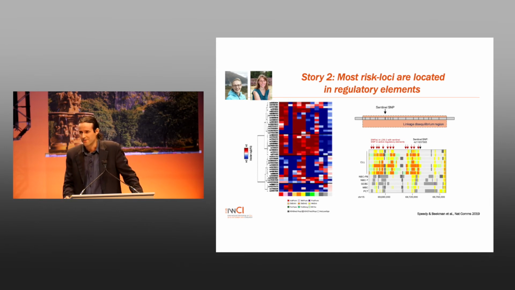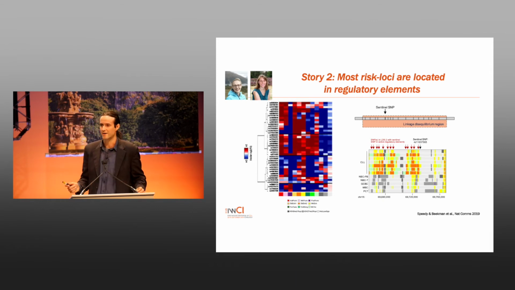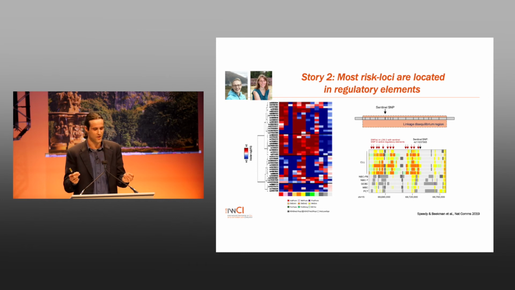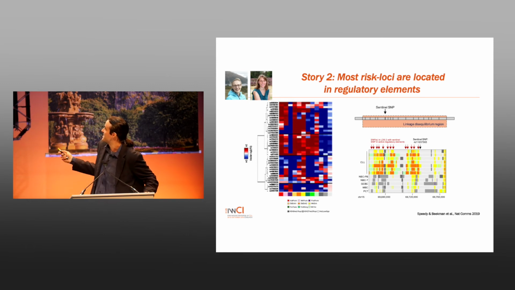The important part of the study was as well that some of these SNPs that predispose to disease have been described because they are in a particular array. And not necessarily they have to be the functional SNPs. They are associated with risk, but not necessarily are the functional SNPs. This particular region, this is the SNP that was described to be associated with CLL risk.